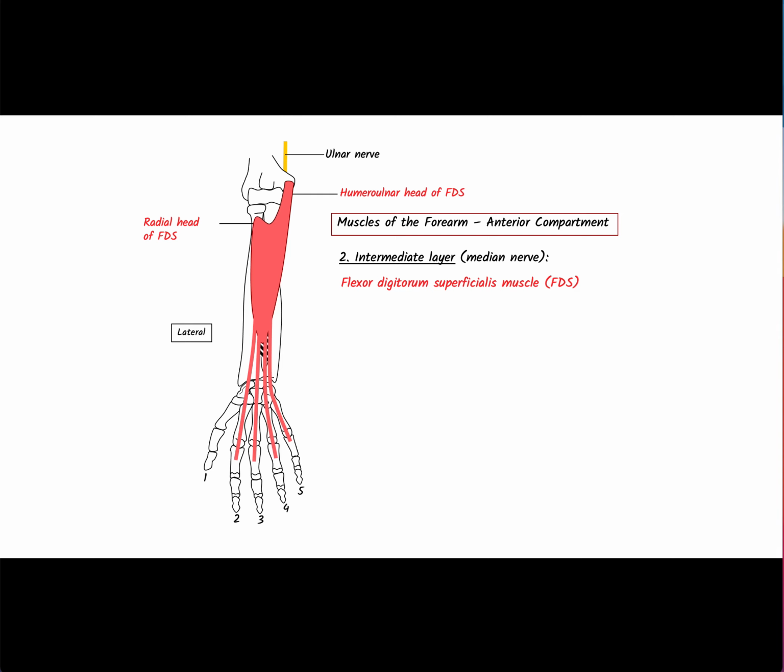This muscle splits into 4 tendons, and they go to the bases of the middle phalanx of digits 2, 3, 4 and 5. When this muscle is attached distally, it splits into slips going on either side of the base of the middle phalanges of the 2nd, 3rd, 4th and 5th digits.